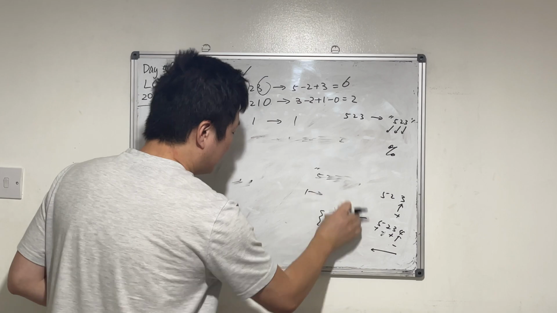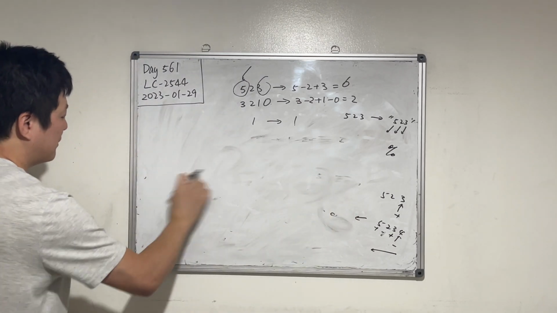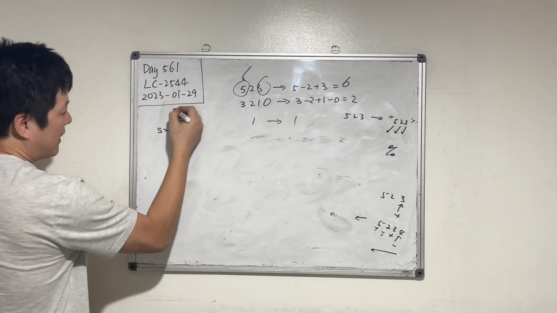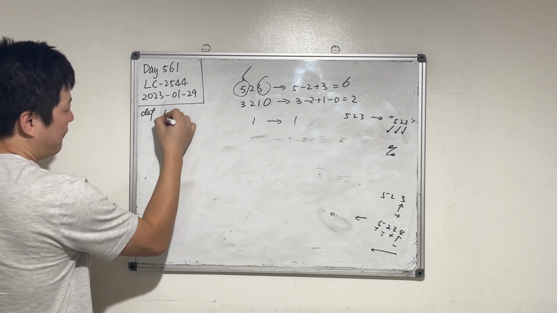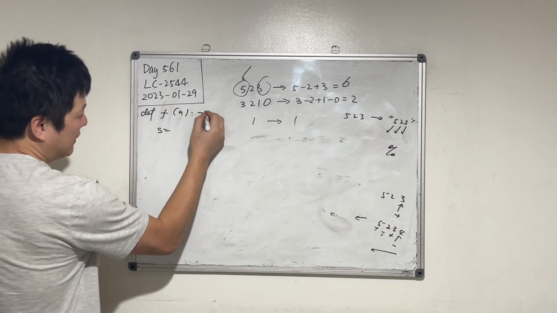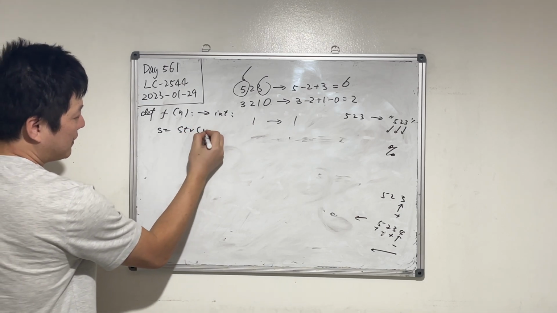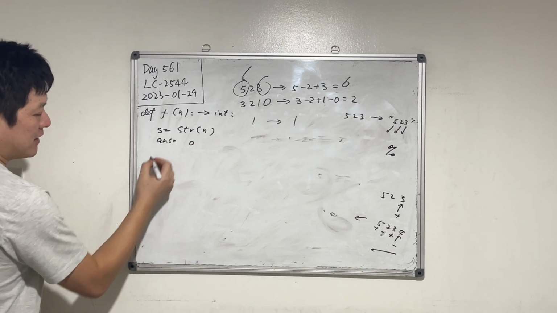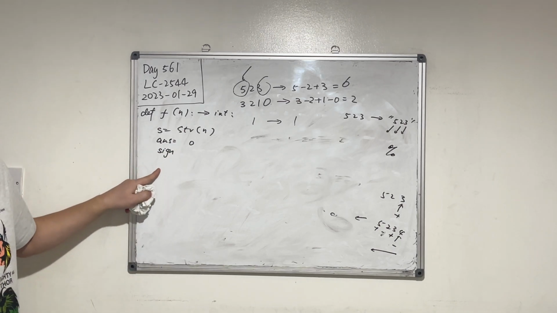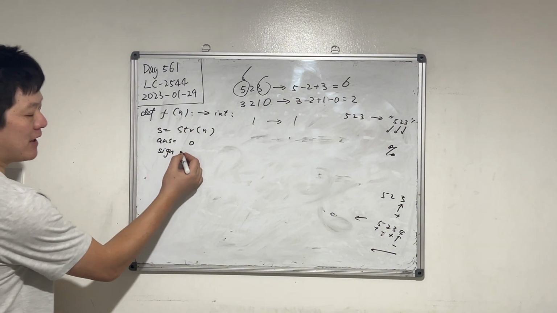Let's do the first approach, converting to a string. Define the function, which needs to return an integer type. s equals str of the number, we convert it to a string. answer equals 0, and the sign at the beginning is plus 1.